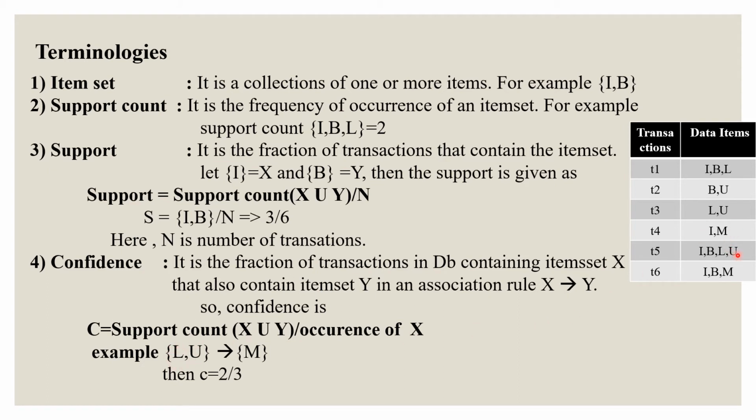L comma U occurs in transaction T5 and in transaction T3, 2 times. So confidence C is equal to 2 divided by the occurrence of X. X means L here. How many times has L occurred? 1 time, 2 times, 3 times. So we are going to write 3 as the value.